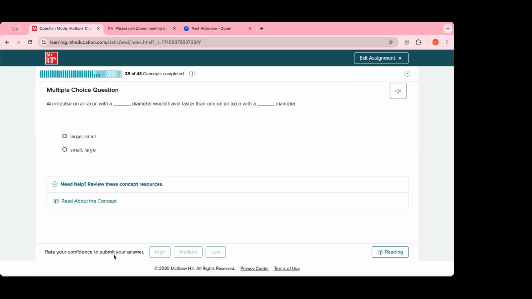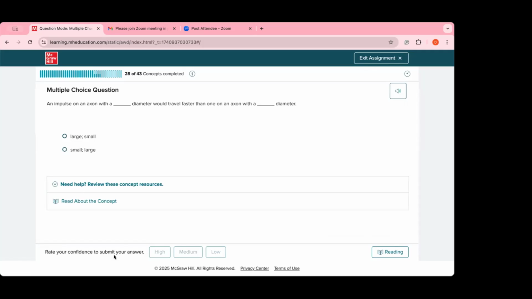They can conduct, so larger diameter axons conduct faster.